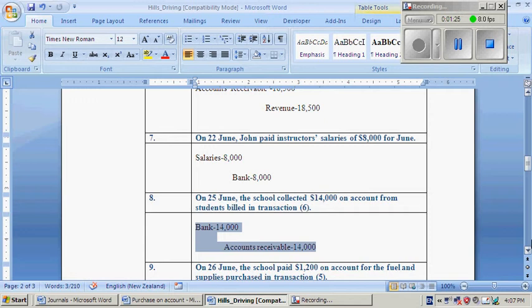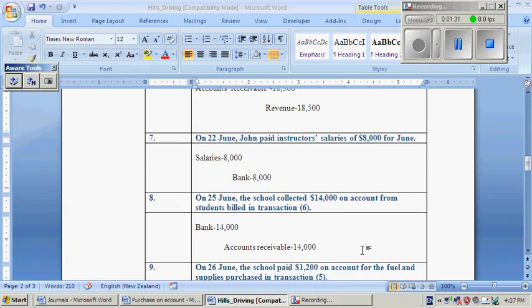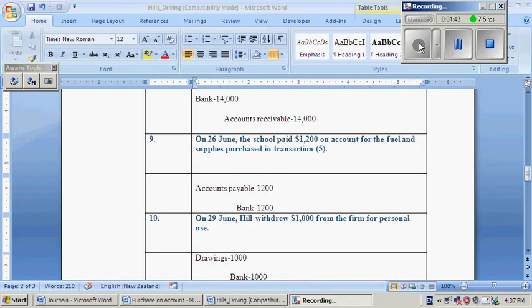So I told you before, if you receive money, that's a bank debit. It's an asset, so your asset gets increased, that's why it's a debit. But your accounts receivable, that's also your asset, but at that time your asset gets decreased, so that's why it's a credit.